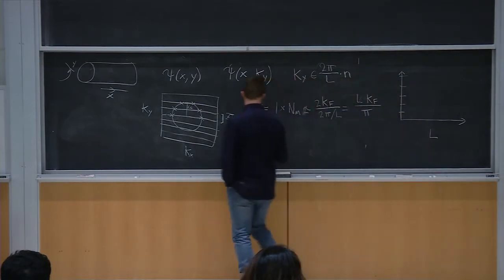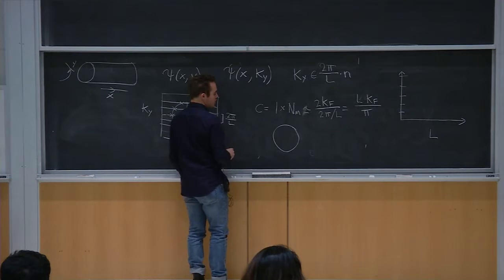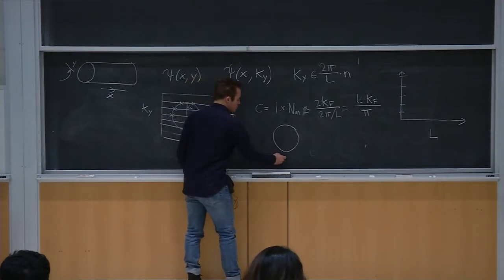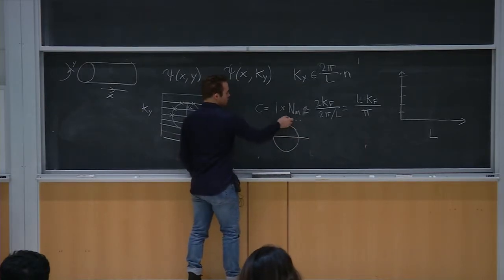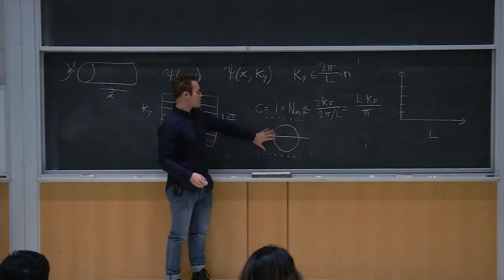So let's draw it. Suppose I have a Fermi surface like this. If I start out with a small circumference cylinder, then it would get cut by one wire at the center. But then the other wires are going to miss it. So in this case, I'll only see central charge 1.